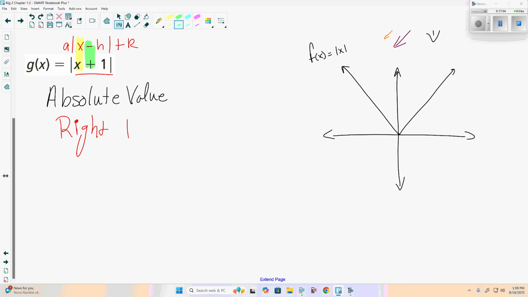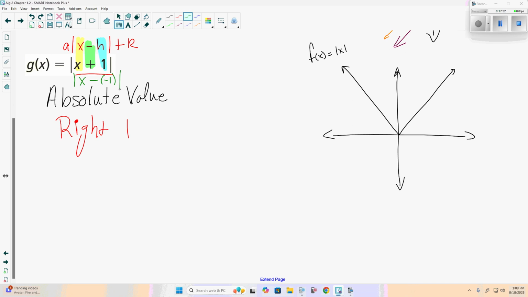So really what this equation is saying and lining up with this h value is not so much that we have the absolute value of x plus 1, we do, but really what it's wanting us to see is that we have the absolute value of x minus negative 1. Because the only way we can have it in that x minus h form is that the h value is actually negative.